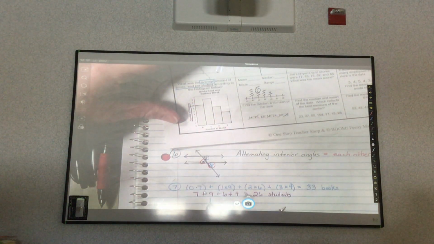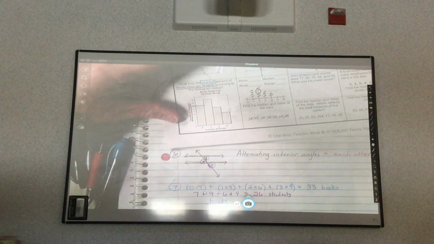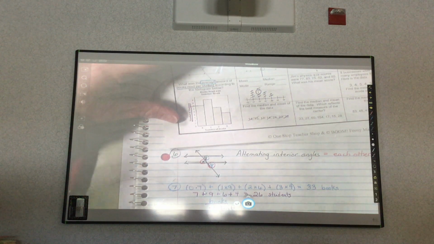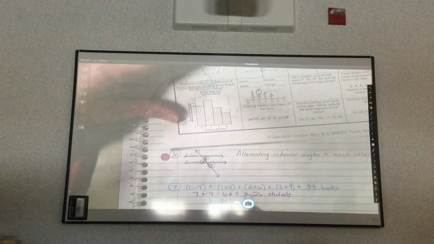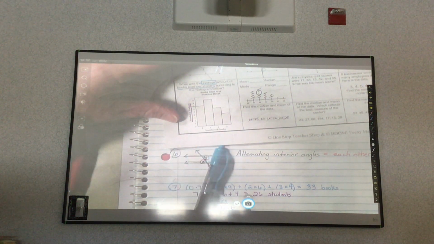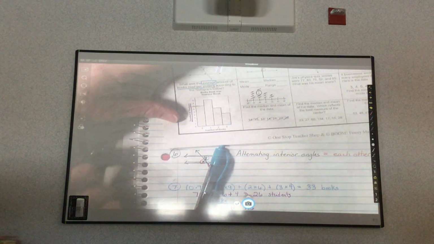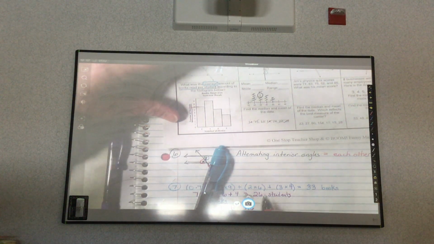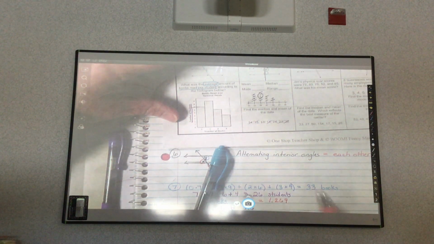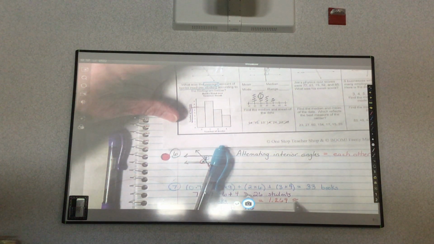So I put books on top, books per student. So then it is 33 over 26. Which that answer is 1.269. Which I'm just going to round to a whole book, so it's just one book per student.